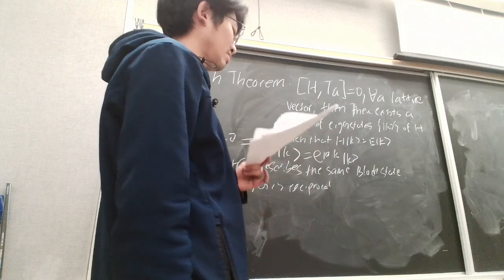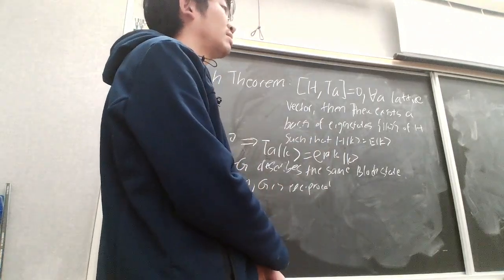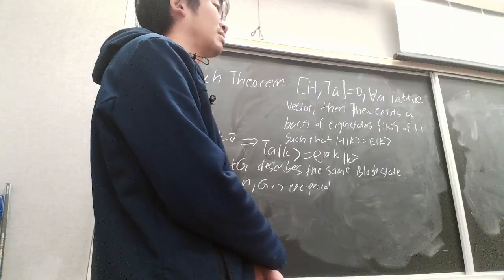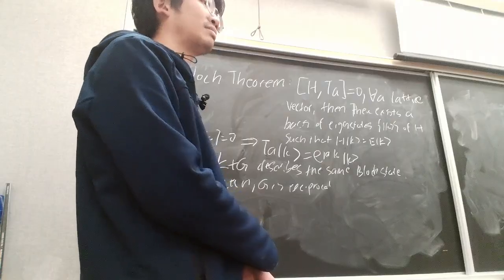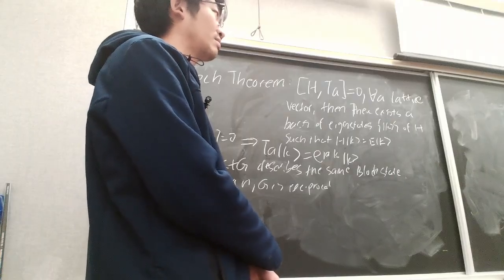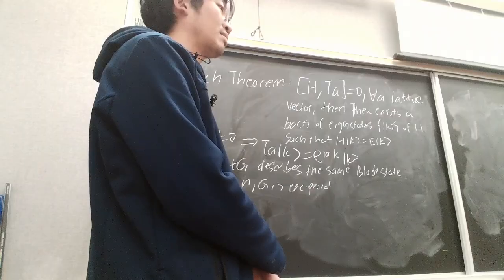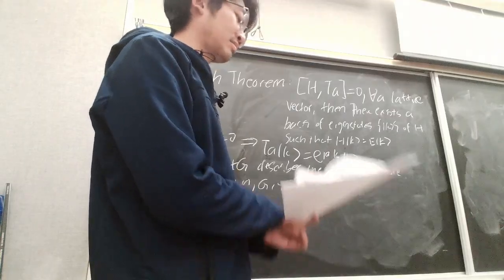So if I have some lattice with vectors a, or in general some periodic potential which has a discrete periodicity with these lattice vectors a, and it commutes, then I can find a basis of eigenstates such that they're simultaneously eigenstates of the Hamiltonian and eigenstates of these translation operators.